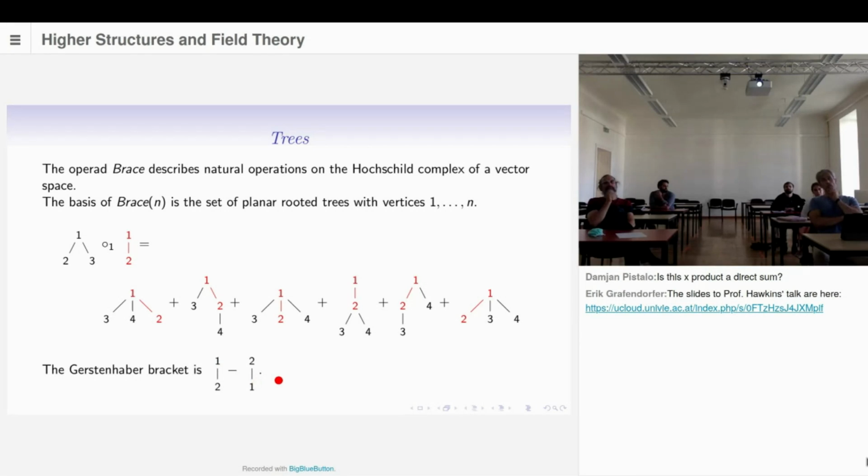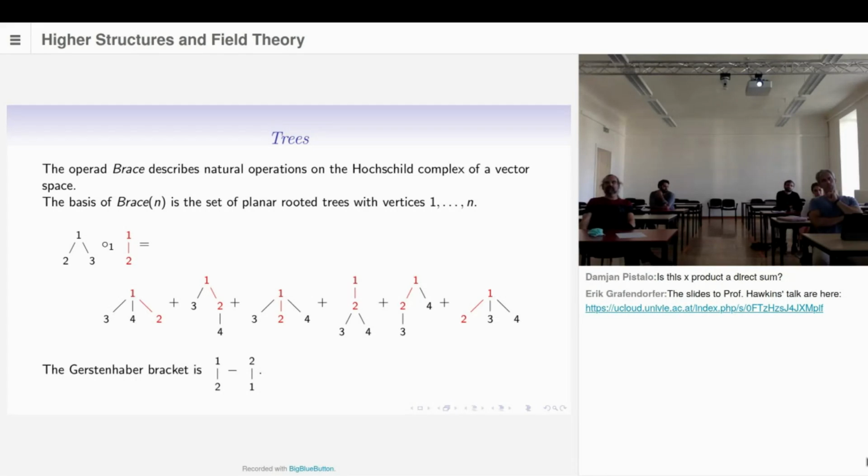That's it. There are also the actual, the eponymous brace operations, which generate this operad, and are given by the corollas. So any tree that consists of one root and then just edges going directly to a bunch of leaves.